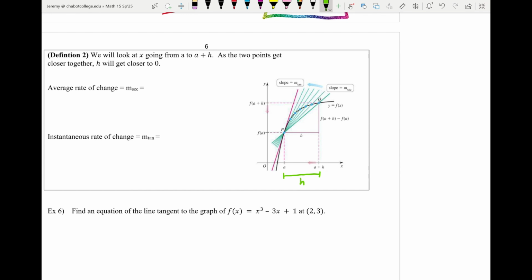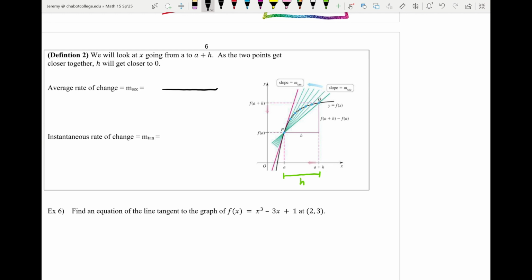Okay, so rather than looking at the limit as x goes to a, like we did in the last example, we can look at the limit as h goes to 0. It's totally equivalent to what we were doing before, but just set up a little bit differently, and the math ends up working out a little bit better, I think.